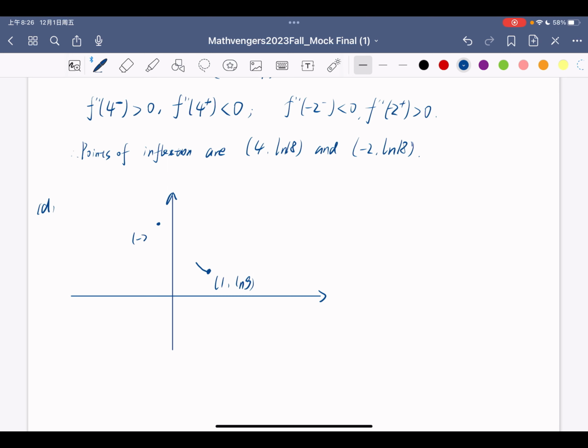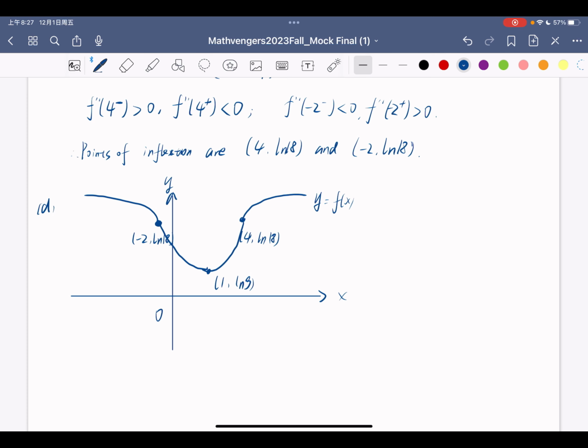One is minus 2, ln 18, another is 4, ln 18. So it should be like this. And after the point of inflection, okay, this is y equal to f(x), with x and y axes.